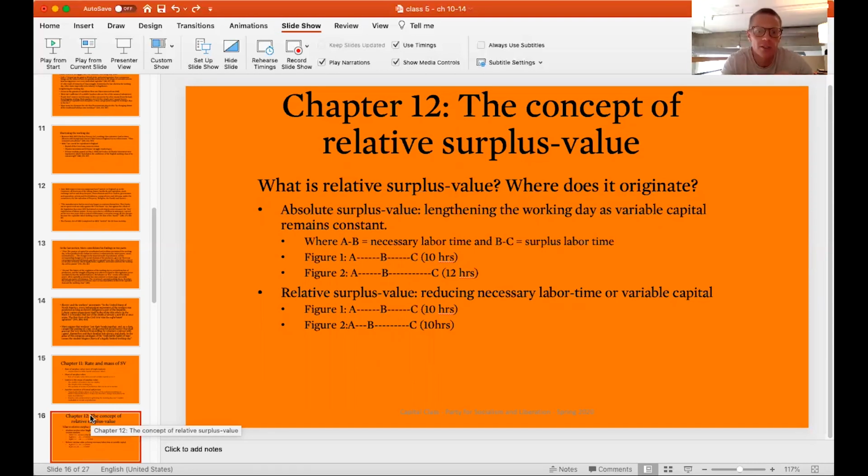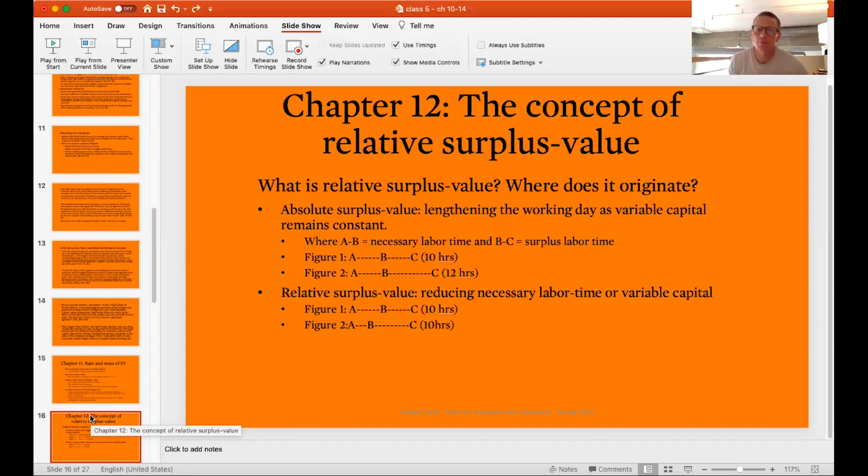So in this first example, A to B is necessary labor time, B to C is surplus labor time, and you can see that in figure 2, when you lengthen the working day, you lengthen surplus labor time and therefore surplus value. Relative surplus value comes from reducing necessary labor time or variable capital. So in figure 2, necessary labor time is shortened and therefore surplus labor time is expanded, even though in both instances the working day is the same.